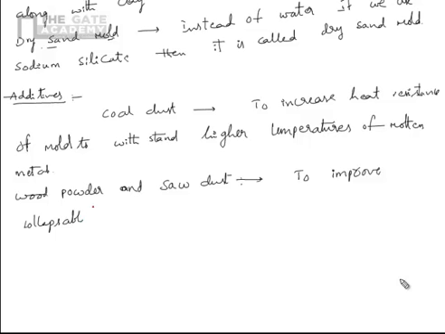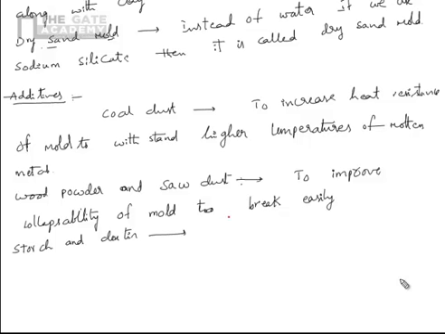Collapsibility means easily breaking the mold. Next, starch and dextrin, to improve the resistance to deformation.